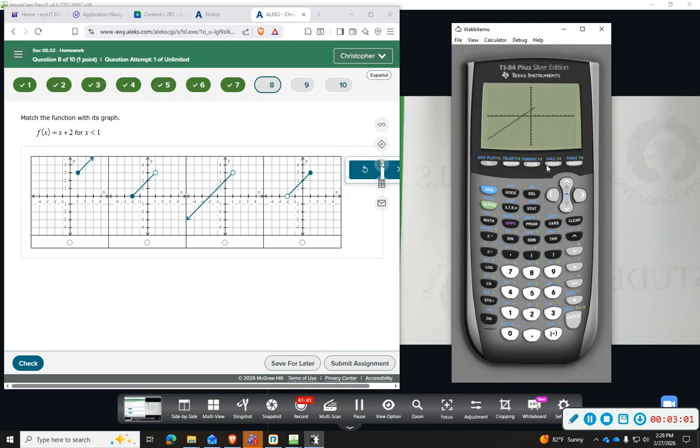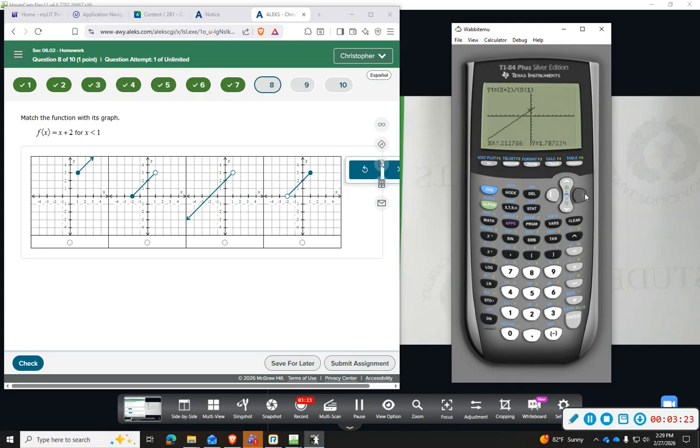Now if I trace this graph and I put in x equals 1, it doesn't give me a y value. It says x is 1, y is nothing, because it only works for less than 1. If I start going to the left, as soon as x is a little bit smaller than 1, I start getting y values, all the way over.